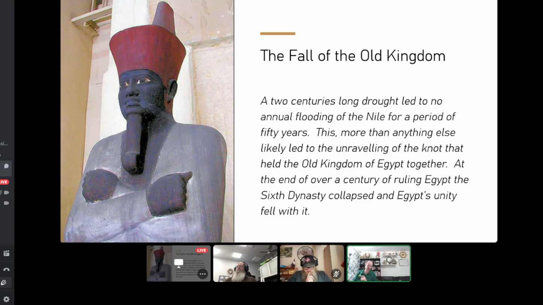But now you have another class developing besides the rabble, those poor people nobody cares about. Now you have the nomarchs creating something like an upper middle class in the form of a nomarchy, or as we might say, an aristocracy. And now they're passing their titles down to their sons. And so it becomes not a meritocracy, but an aristocracy.